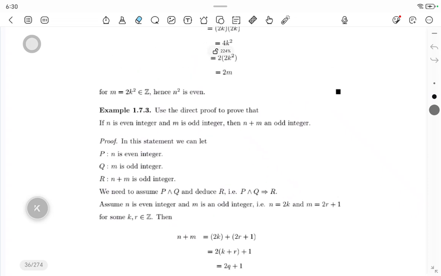The second example says that if n is even and m is odd, then n plus m is an odd integer. What we should do here is consider this as p, this is q, this is r, because we're given three statements here.